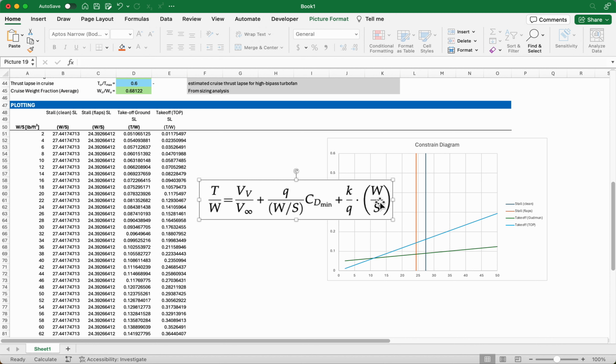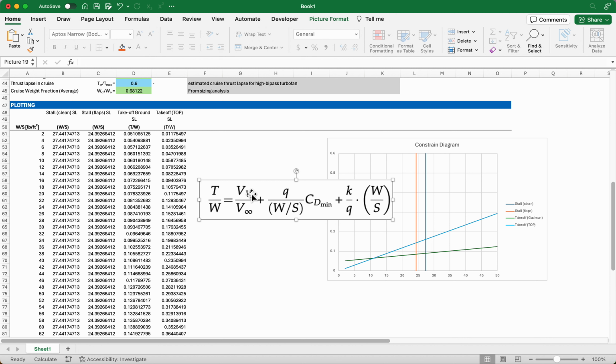So that means we're not accelerating. And with some approximations, substituting in our velocity to maintain steady level flight, we can get this relationship here. So our thrust to weight ratio is equal to our vertical climb speed, our rate of climb, divided by our airspeed. So that'll be our forward airspeed.